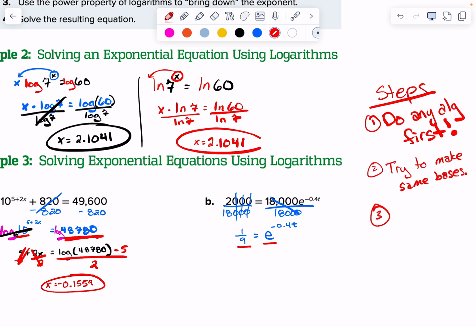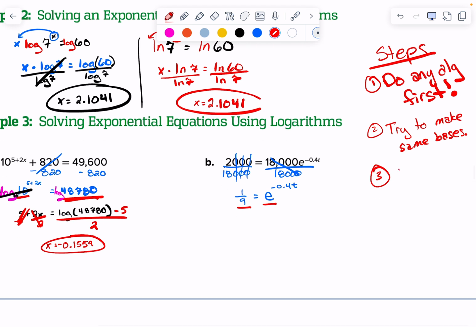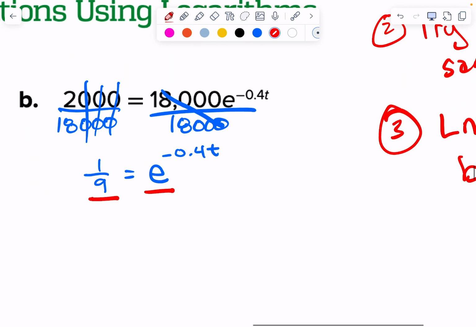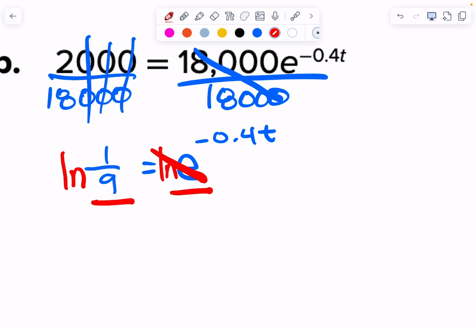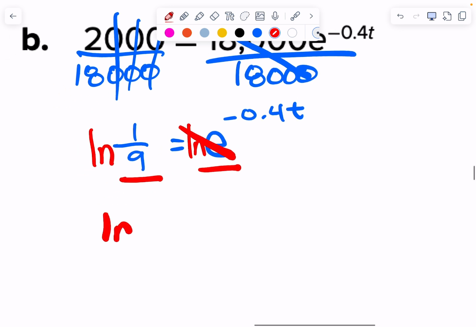Number 3. What do we do if we can't make them the same base? ln or log both sides. If that's the case, do you want to use ln or log in this case? ln, because the ln and e are going to cancel. So I have ln of 1/9 equals negative 0.4t.